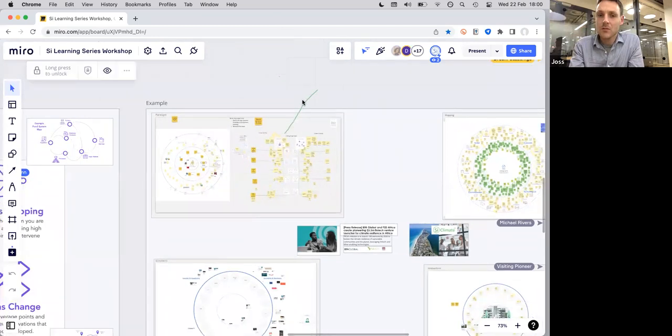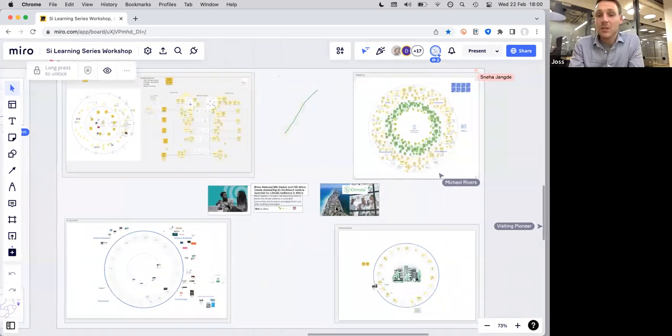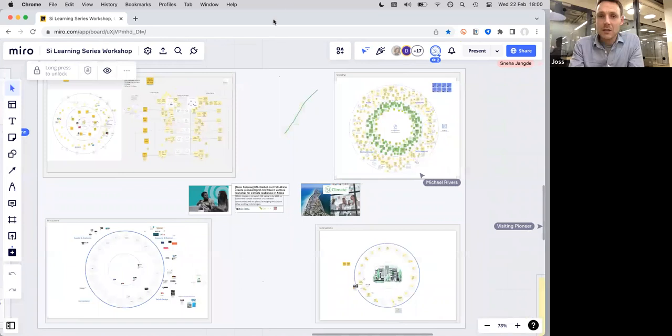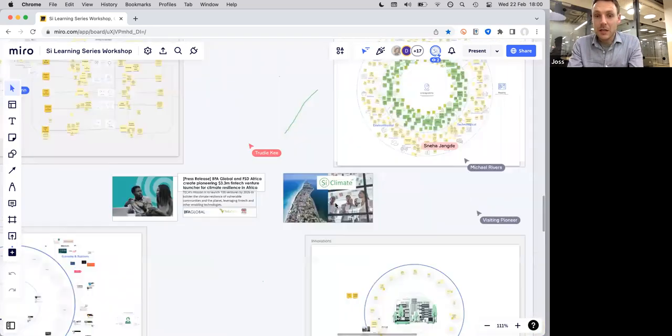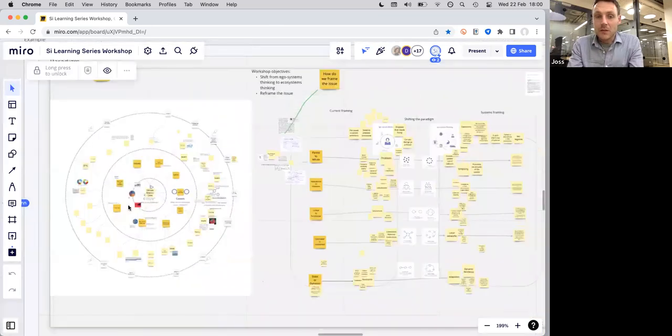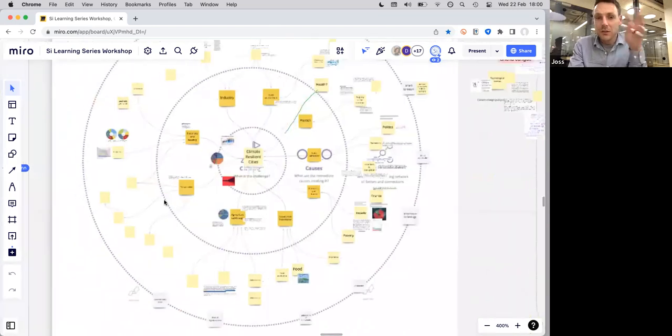Okay, so this is just a look at some examples of the stuff we've done, particularly around climate change. And our climate lab, actually, is part of our London hub. You can see it here. You'll find it on the website. And this here was some work we did around context mapping, trying to understand this challenge and the different concepts and dimensions to it.